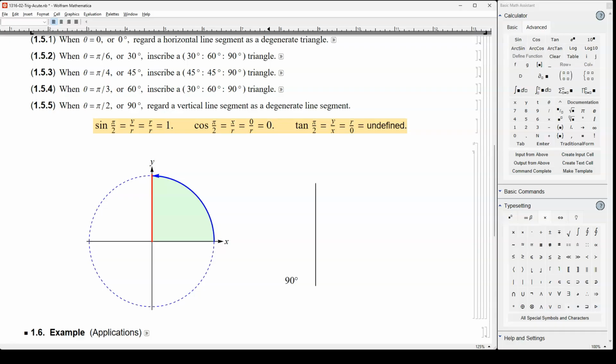And then vertical became the same as the radius, so sine of pi over 2 is r over r, so that's 1. And the most interesting of all is tangent. Tangent is undefined because the denominator is 0, horizontal is 0. So the tangent value gets very, very large as we get close to pi over 2, and at pi over 2 it blows up to infinity.